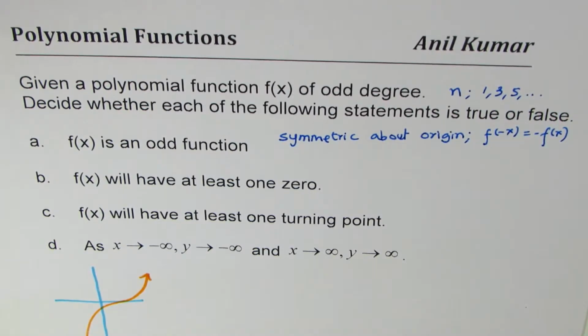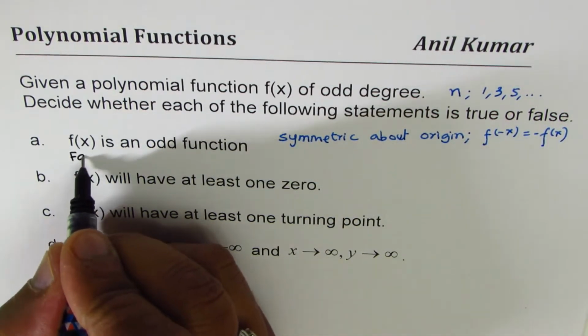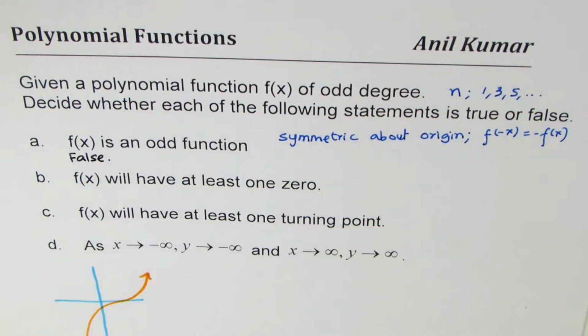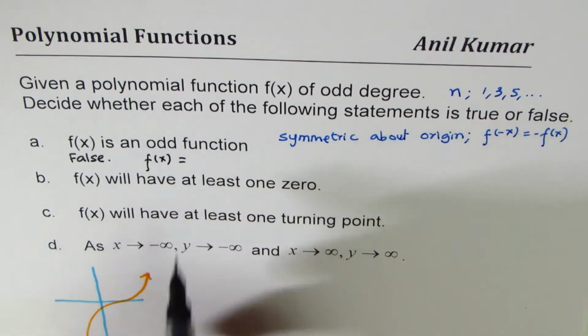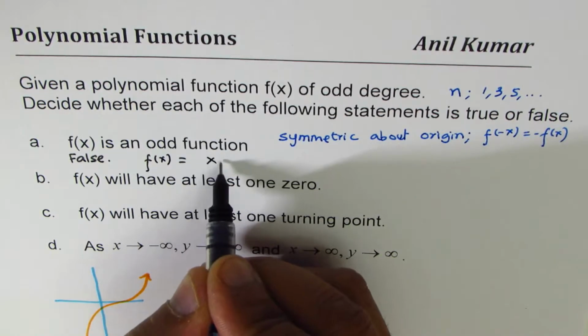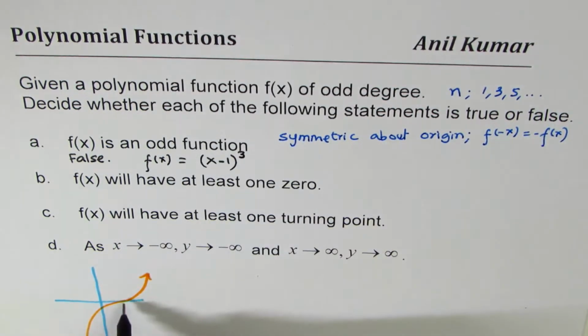So this example shows that the given statement is false. The example could be f of x equals x minus 1 whole cube. If this point is 1. Do you see that?